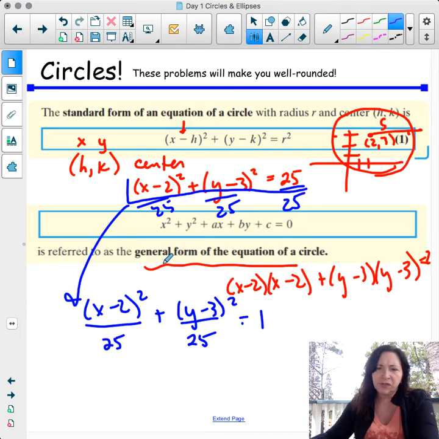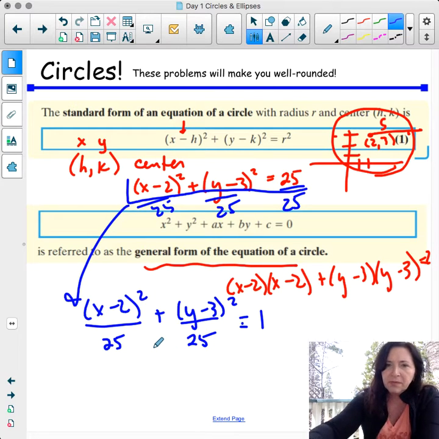And this is also the standard form of the equation of a circle, just with me dividing out the radii. So this is another option when you're choosing to write out your equation, because the only difference between my circle and my ellipse is that in an ellipse, my denominators are different, and in my circle, my denominators are the same.